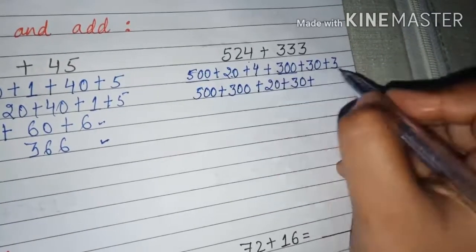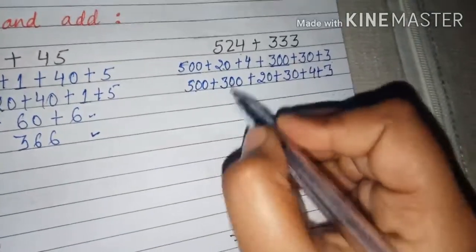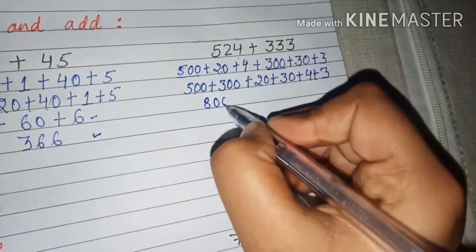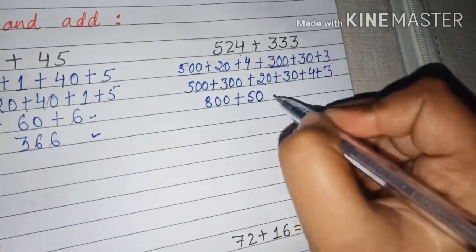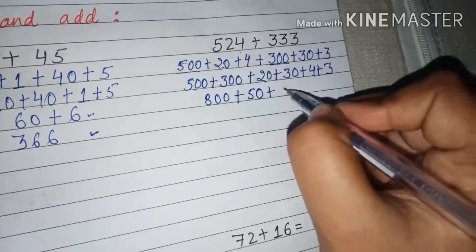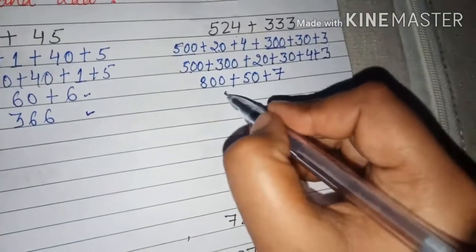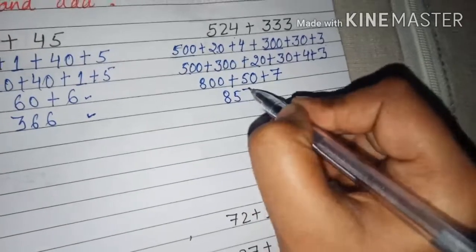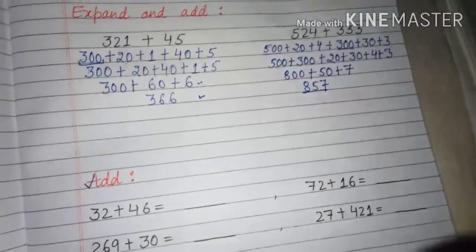Then the ones, 4 plus 3. Now 500 plus 300 will be 800, plus 20 plus 30 will be 50, plus 4 plus 3 is 7. So what will our answer be? It is 857. So it is very easy now to expand any number and add them accordingly.